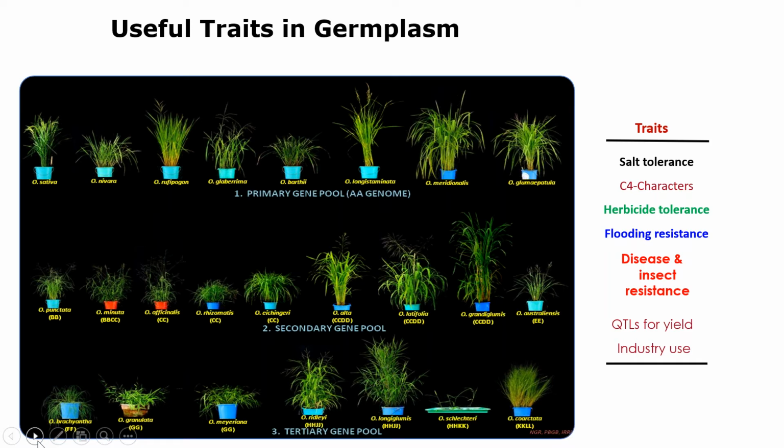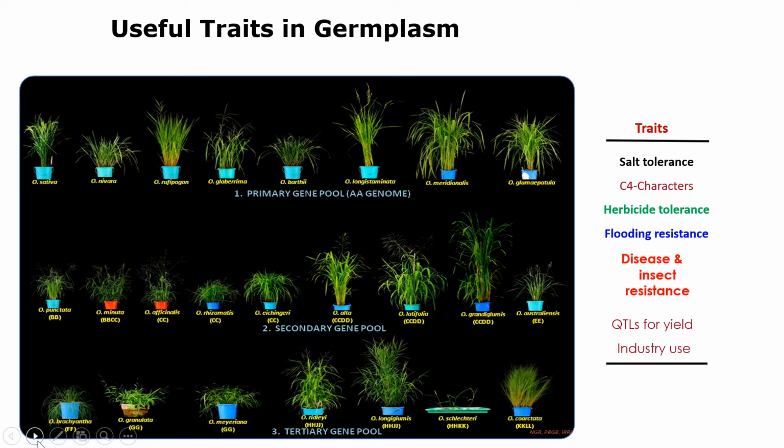But now the question is how we can utilize these traits for rice improvement, or for crop improvement, and how we can utilize specific markers for climate resilient agriculture, and look into the genes that are responsible for providing these factors of resistance.